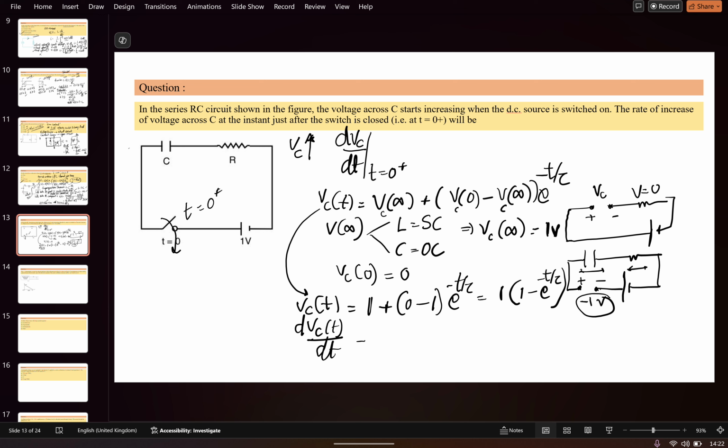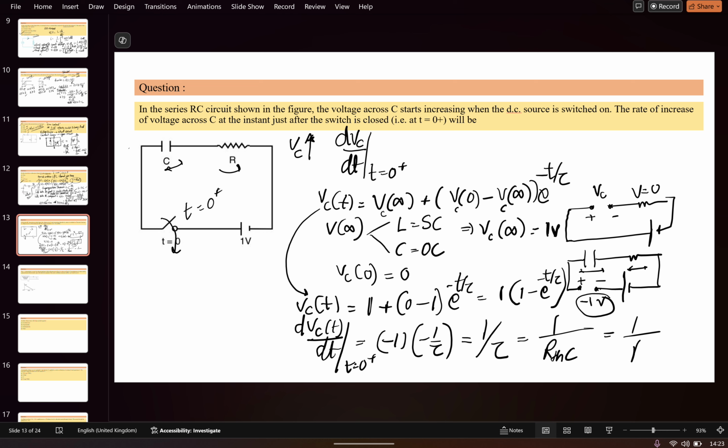It becomes (1 by tau) e to the power minus t by tau at t equal to 0 plus. Putting 0 here, the exponential becomes 1. Tau is equal to R_TH C, and the R_TH across C is R only. So it will become 1 upon RC. Got it?